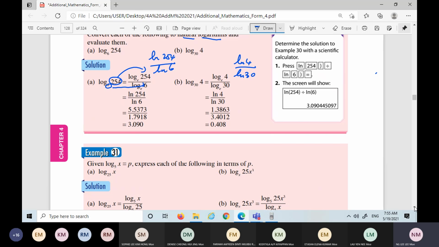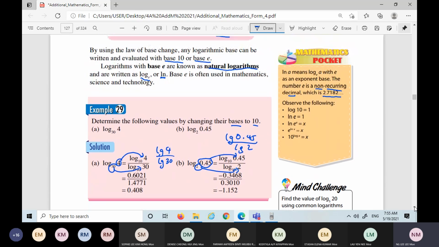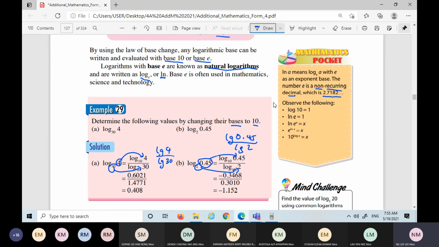Before I continue with example 31, we come back to the previous page. I want you to go through this one by one.